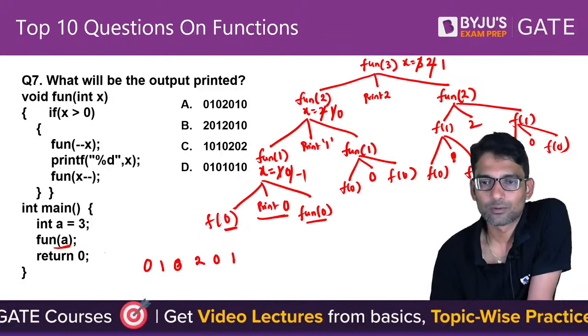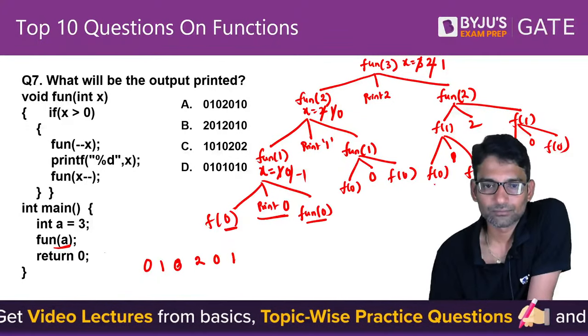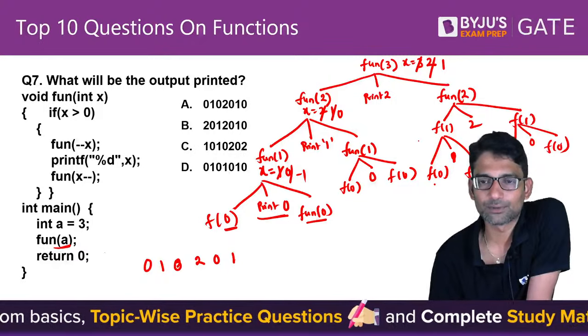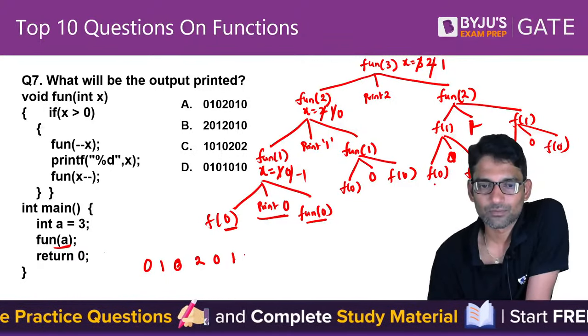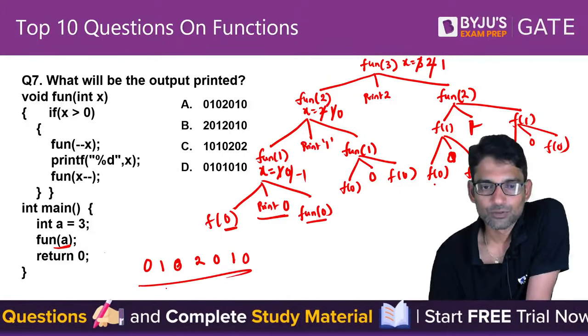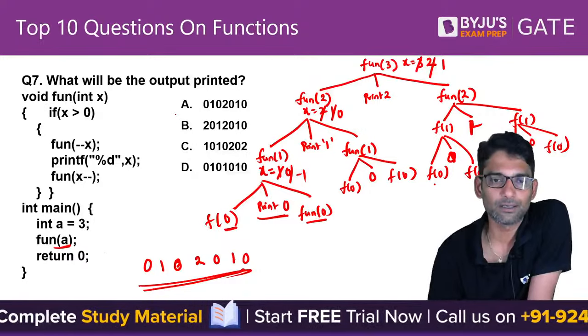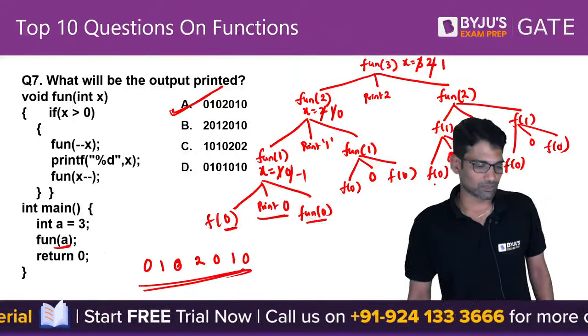Fun of 2 printed 0, 1, 0. Right. So 0, 1, 0, 2, 0, 1, 0 is the output. Option A is the right answer. This is also a good question.